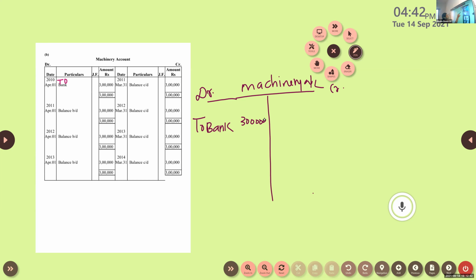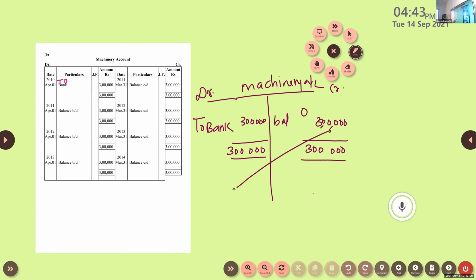So, is there anything on the credit side? Nothing. It is 0. Correct? There is nothing. It is empty. So, balance it. Balancing is done the usual normal way. 3 lakh, 3 lakh. So, here it is 0. Balancing figure will be 3 lakh itself.